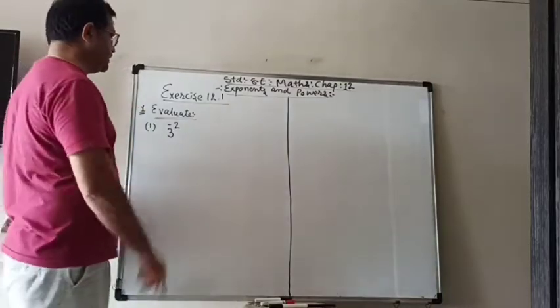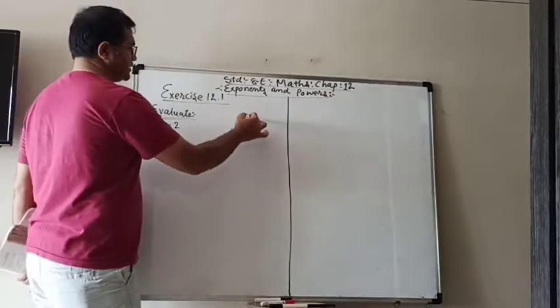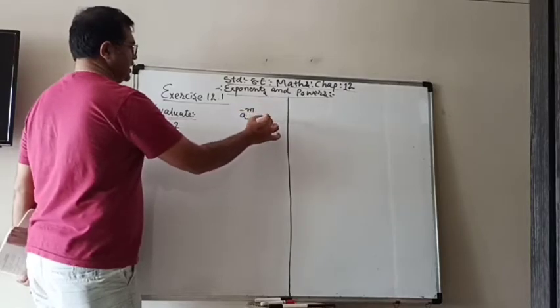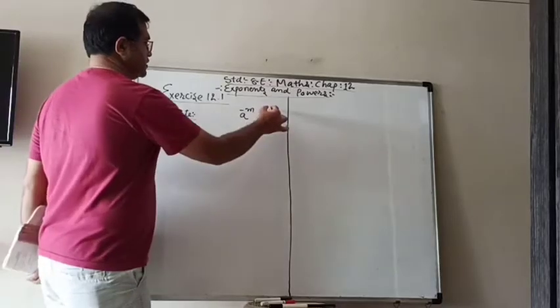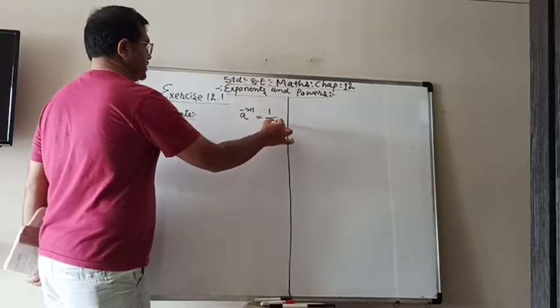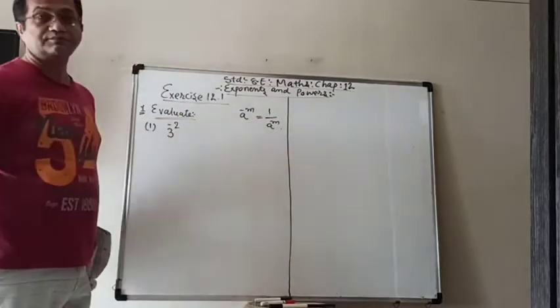Now we learned in the beginning of the chapter that a raised to power minus m is equal to 1 upon a raised to m.